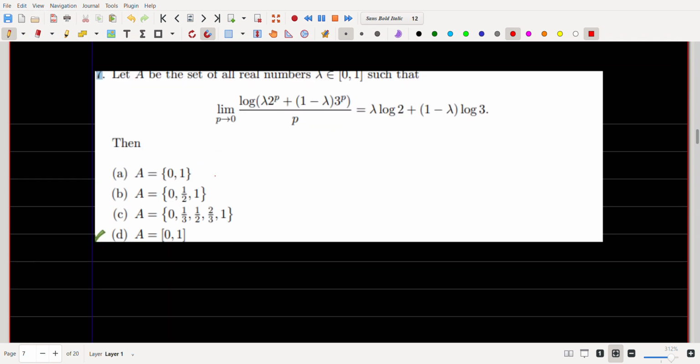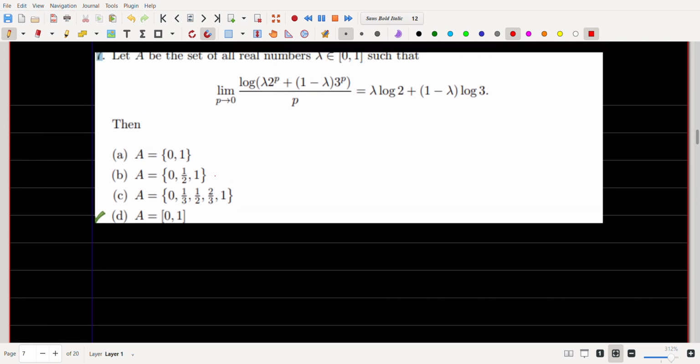Okay, so problem number 7. Let A be the set of all real numbers lambda belonging to [0,1] such that this limit exists. So then see, the point is that lambda can be anything. If you just find the limit, you will get this one. Why?